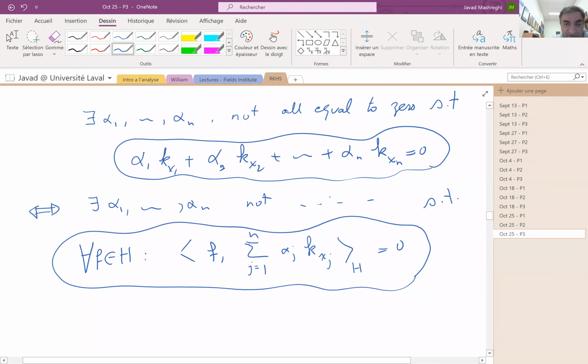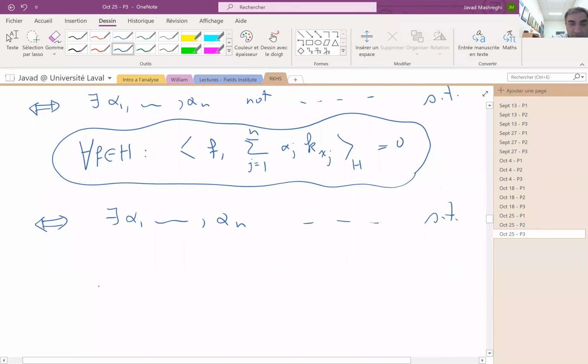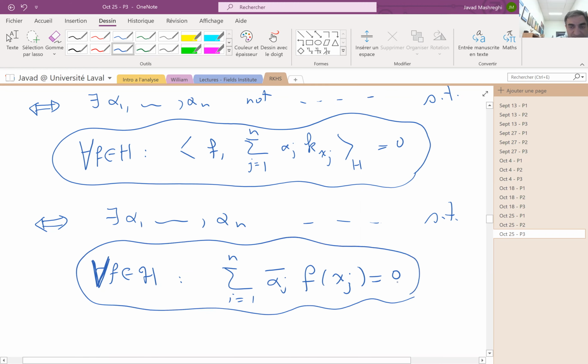But now use the fact that we have a reproducing kernel. So there are alpha 1 up to alpha n, not all equal to 0, such that for all f in H, the sum over j from 1 to n of alpha j bar times f at point xj is equal to 0. So you don't see the kernel anymore, somehow hidden.